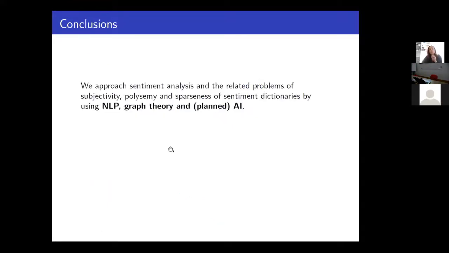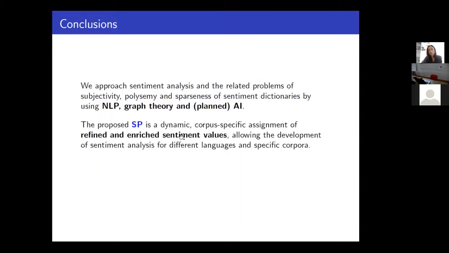So to conclude, we have used NLP, graph theory and some AI, but as Ben has already explained, we will further go probably into deep learning, or at least hope to be able to integrate that as well into our research, and further develop sentiment potential as a refined and enriched representation of sentiment of words, which then analyzes text in some specific use.